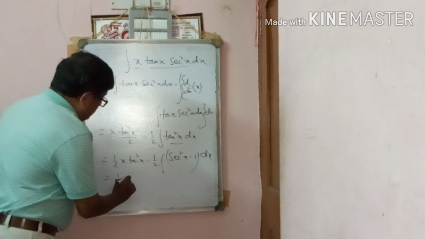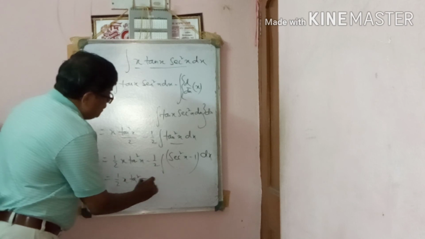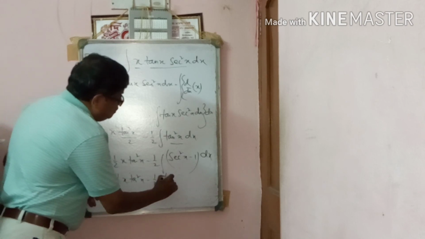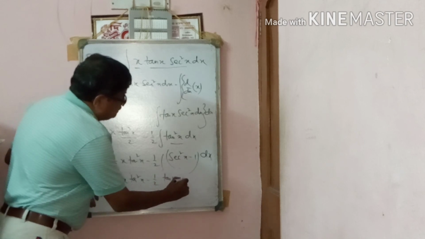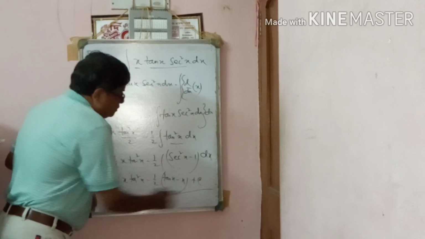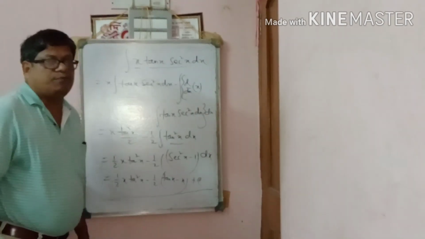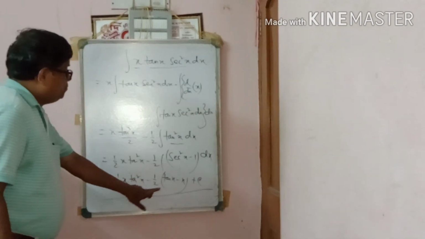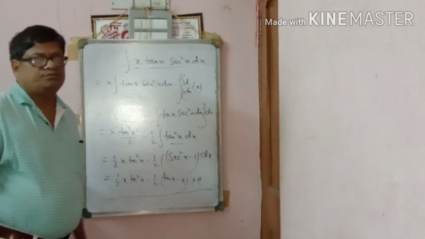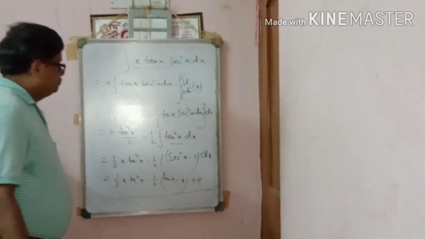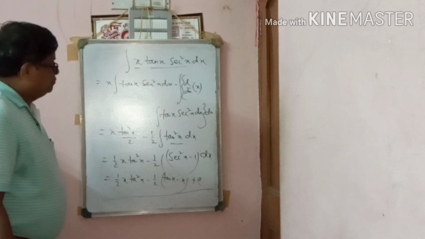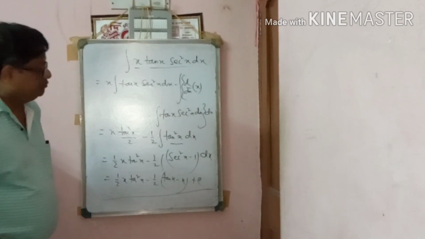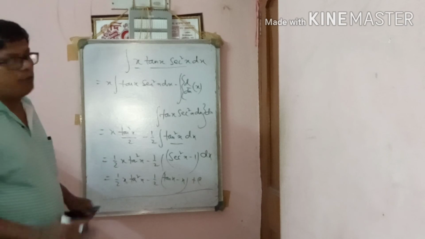Now half x tan square x minus half, so it will be tan x minus x plus constant c. This is the answer: half x tan square x minus half tan x plus half x, plus c. Okay. Now next.